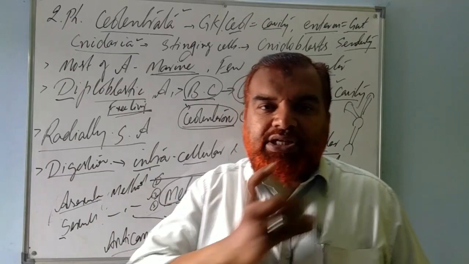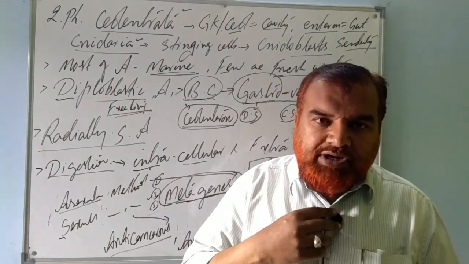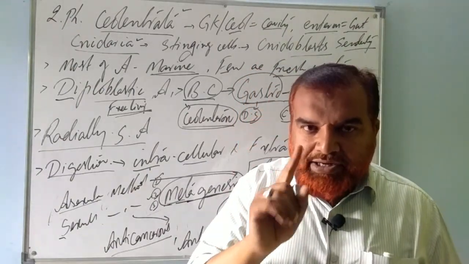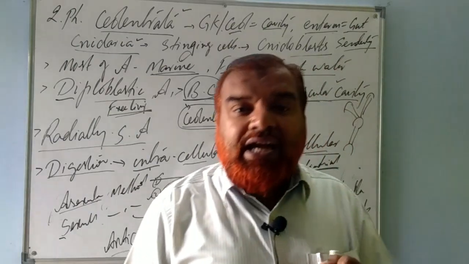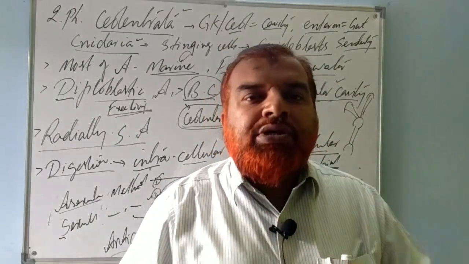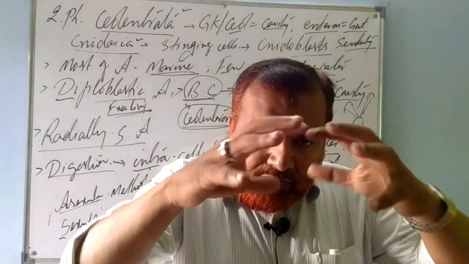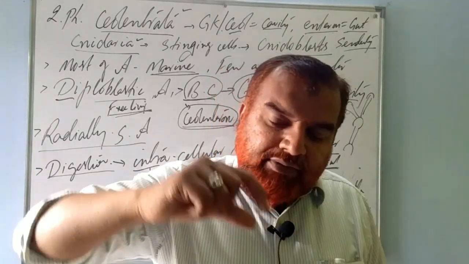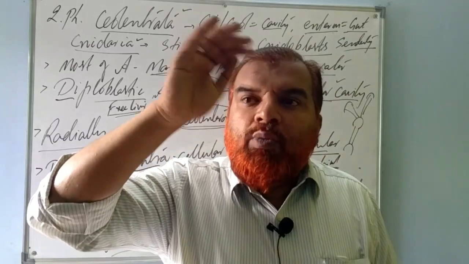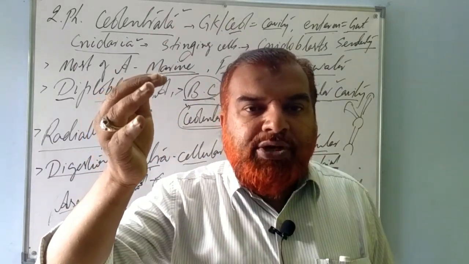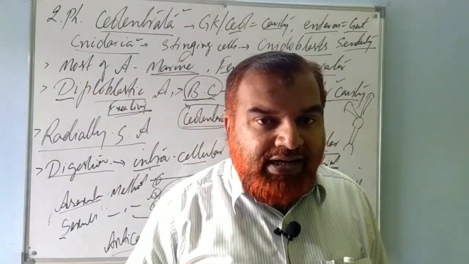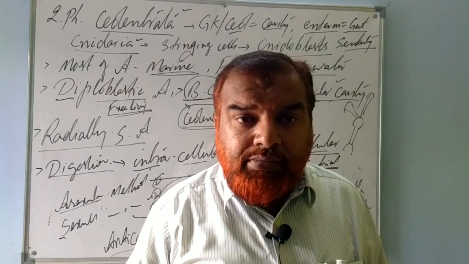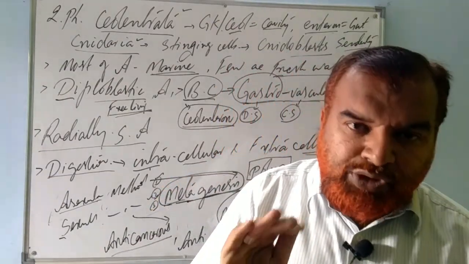So examples of these animals now I will tell you. Hydra, a freshwater form, cylindrical. Hydra, one, clear. Then Aurelia, the moon jellyfish, having a dome-shaped structure with tentacles right below. Then Obelia, having one cylindrical structure, the polyp, and one conical structure, the medusa, again alternating. Then other animals like sea anemone also.